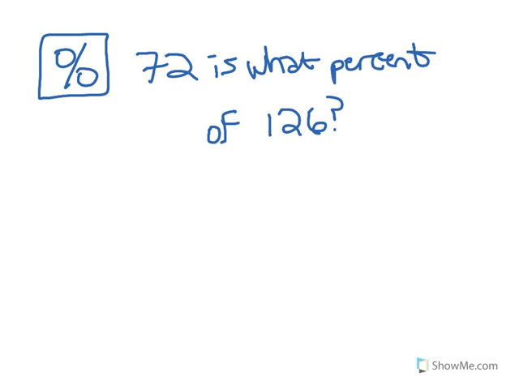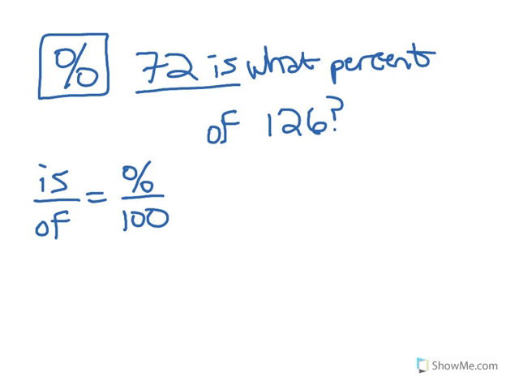Our third and final example is one where the percent number is the missing quantity. Again, we're going to use our formula, so we should write it. Is over of equals percent over 100. The "is" number, this time, is 72. The "of" number is 126.